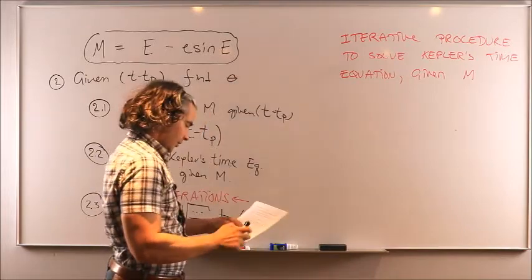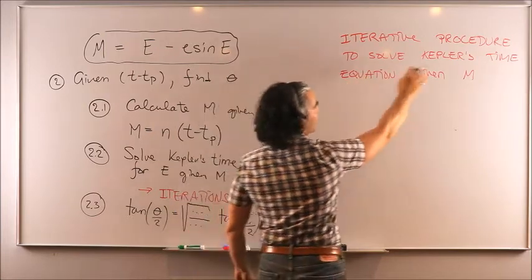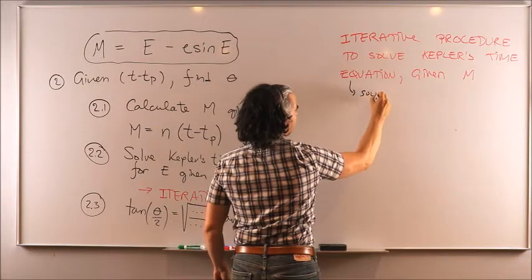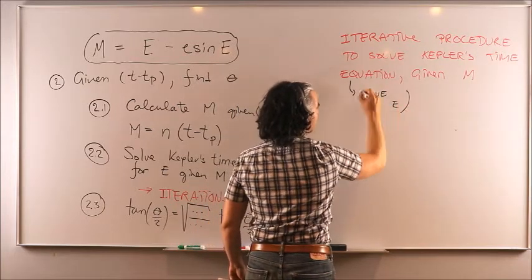Okay, so the iterative procedure goes as follows. And by the way, when I say solve Kepler's time equation, what I mean by that is solve for the eccentric anomaly, okay, obviously.